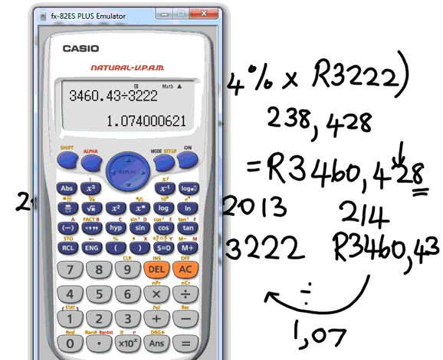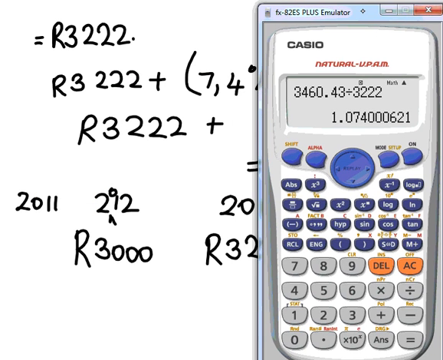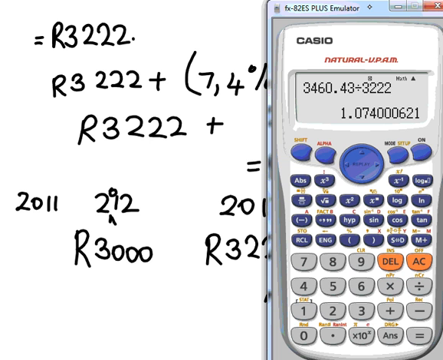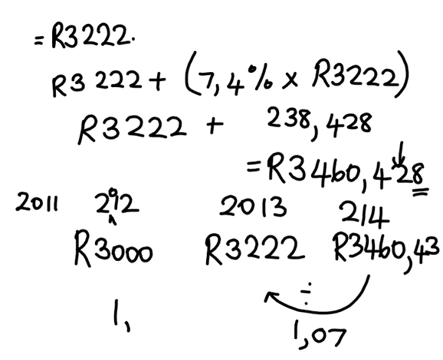So let's go get the calculator again. 3,222 divided by 3,000 equals 1.07. So do you see, if I've divided, these values are the same.